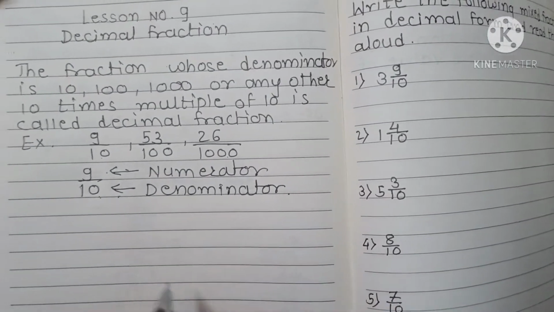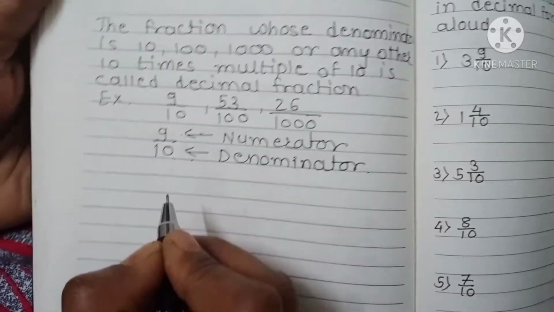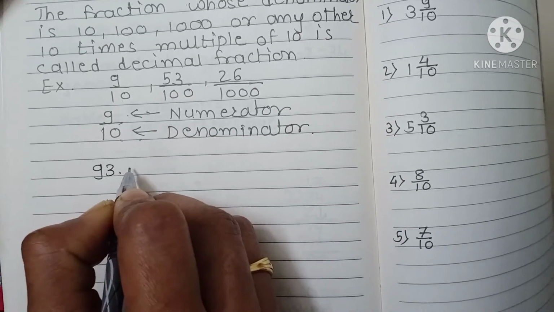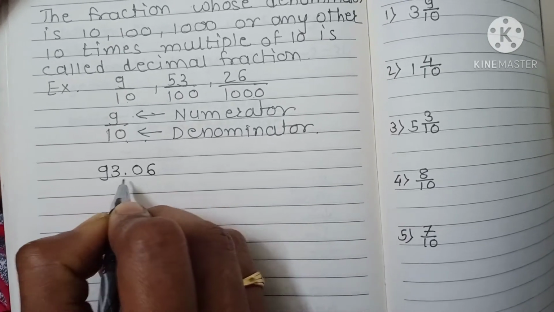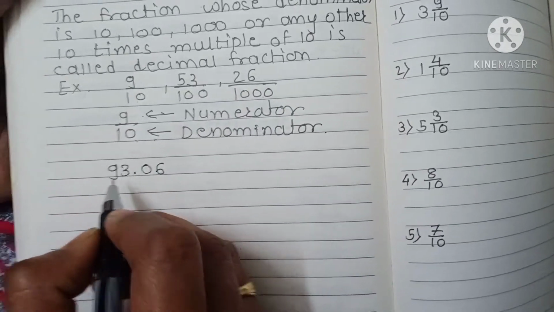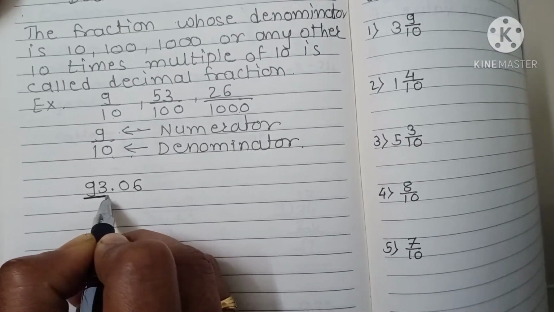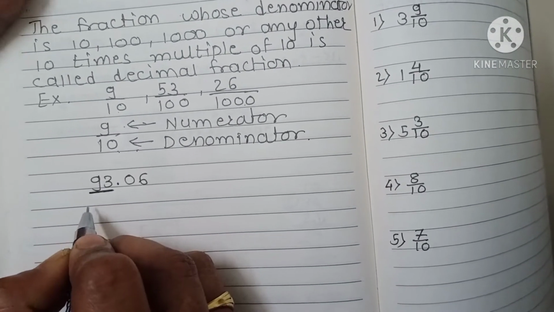Now let's write one decimal number over here. Suppose we write 93.06. In this case, this 93, the left hand side number, is a whole number.